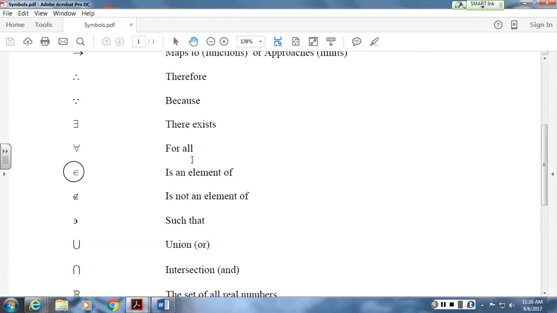This is an element of, so we might say something like 3 is an element of the integers, or 3 is an element of all real numbers. Union means you can lump the two sets together. Intersection is what do the two sets have in common.